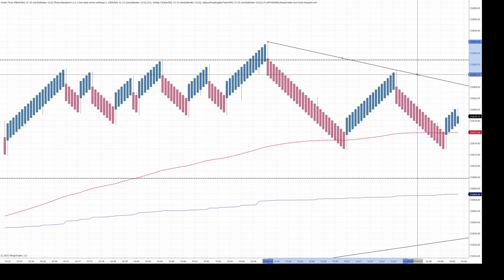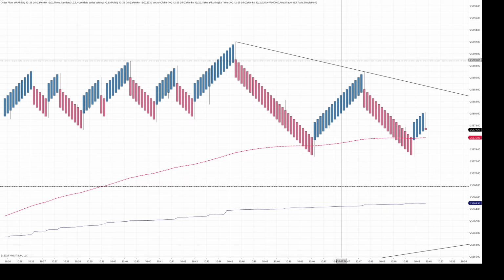We can't do that same bounce here, unfortunately, because we have this downward trend line now.